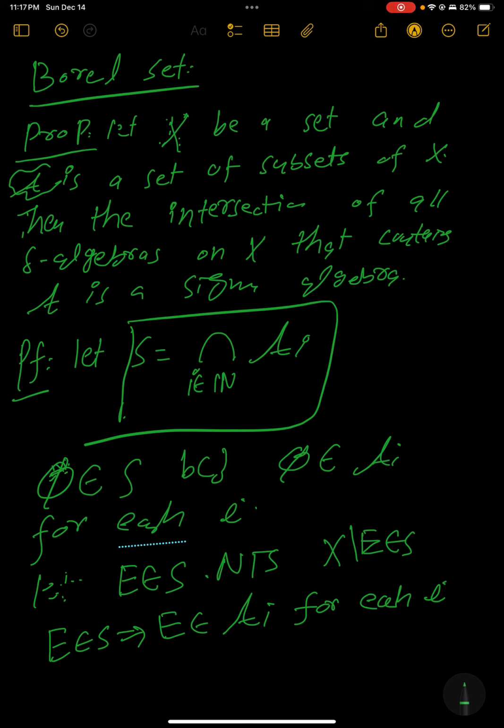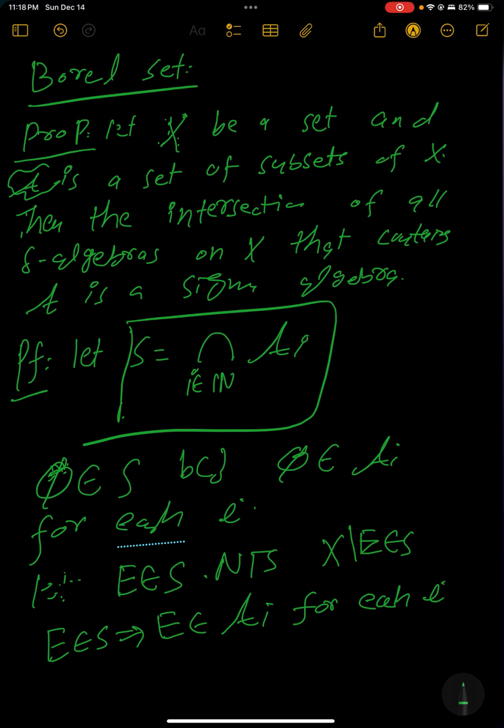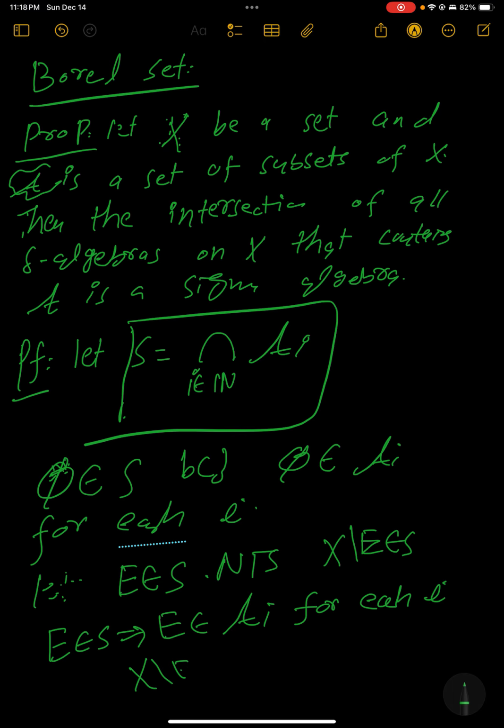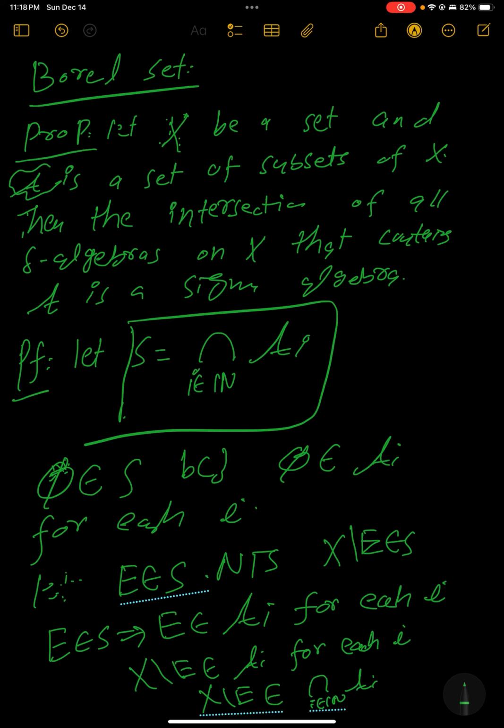If set E is in a sigma algebra, then the second property of sigma algebra says that the complement will also be in that sigma algebra. So the complement belongs to A_i for each i, which means it belongs to the intersection. And so we showed the second property.